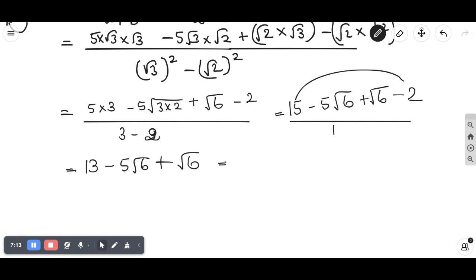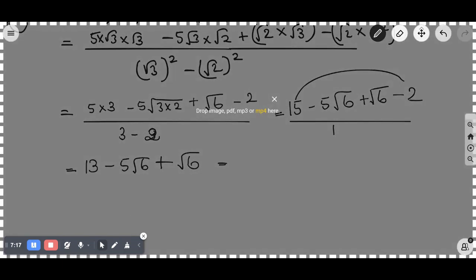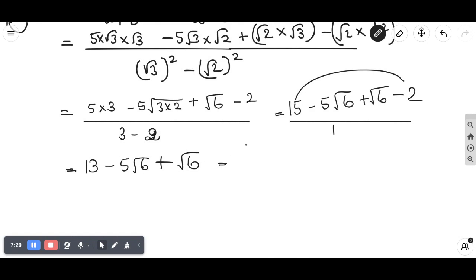So now, can you simplify this further or can we stop here? Yes, we can simplify this a little bit. What we can do is, 13 is a whole number, write it as such. Then 5 root 6 and this is 1 root 6, so you can take your root 6 outside and write it as 5.